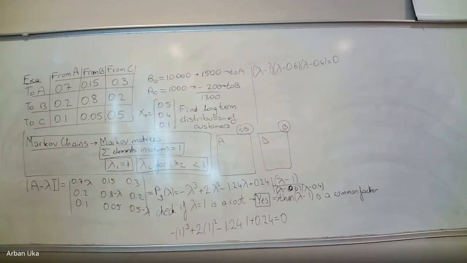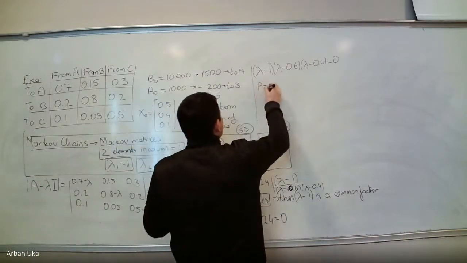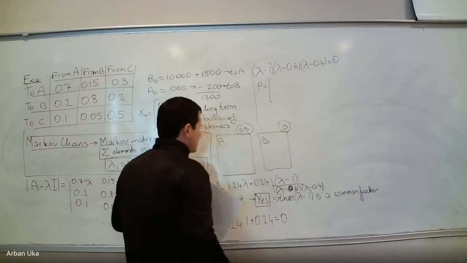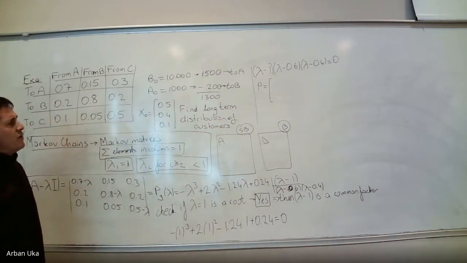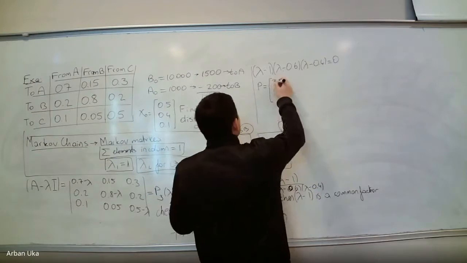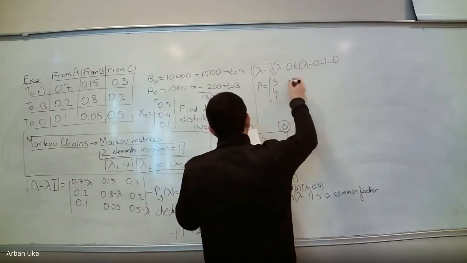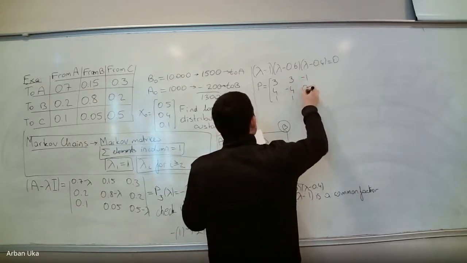Then what we need to do next is determine what is the matrix P. The matrix P will be the matrix which has the eigenvectors for the three eigenvalues, for 1, 0.6, and 0.4. The matrix is 3, 4, 1, 3, 4, 1, 3, minus 4, 1, minus 1, 0, 1.